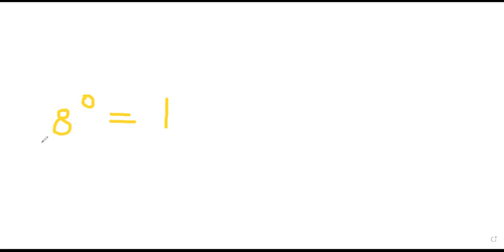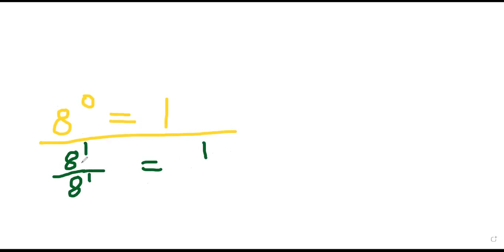So to prove 8 to the power 0 is 1, what we will do is first 8 by 8. Is it 1? It's 1, right? If nothing is there, power is 1.